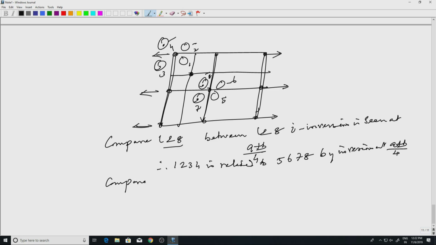Compare 1 and 6. 1 and 6 are related by a 2-1 screw along B at A by 4. So, this is a generated symmetry.